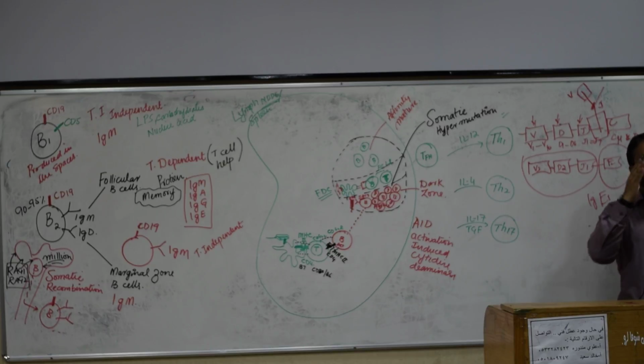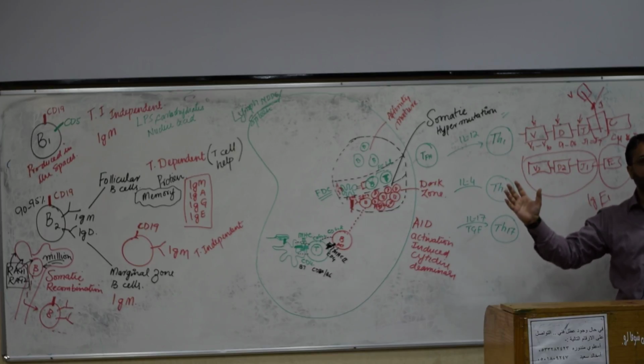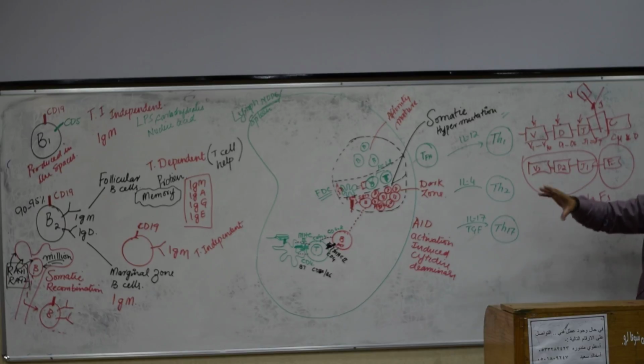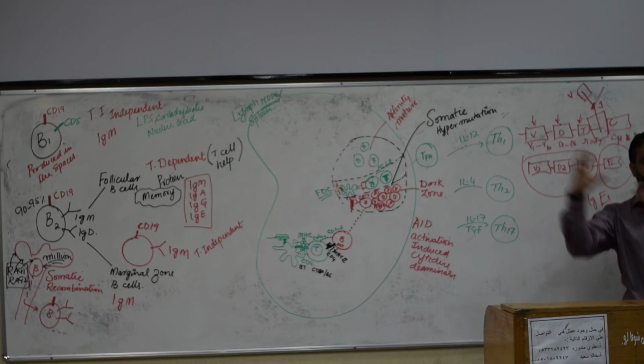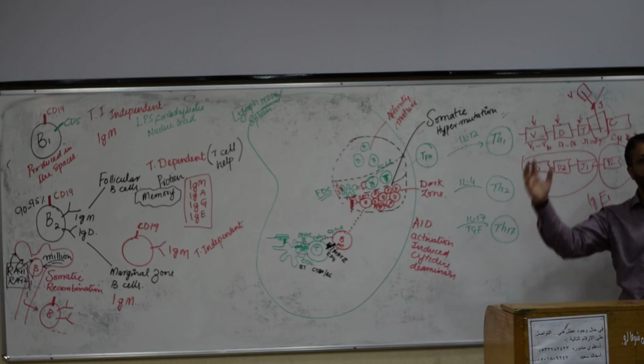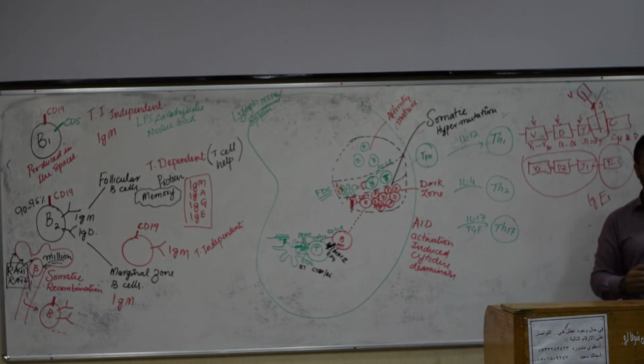So like this, random combinations are V7, D2, like this. They keep on changing. Every B cell has a different random combination. And that's how you have millions of B cells in the library. So somatic recombination is choosing one by gene splicing, putting them together. One B cell is produced, goes out. Another produced, another produced. That's how millions of B cells and T cells are produced.